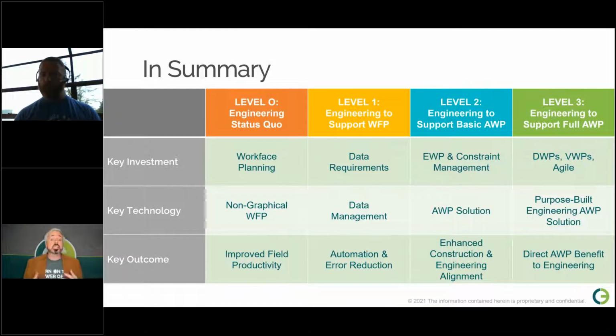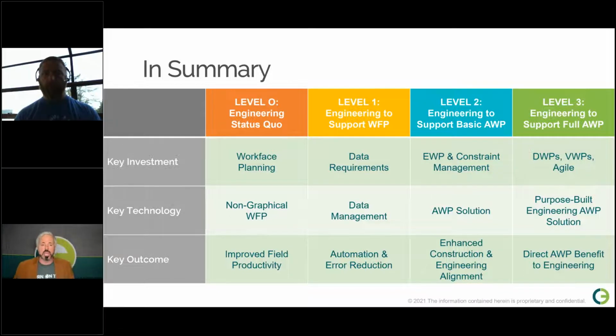But then you get to that level 3, that's that full top tier gold standard engineering maturity for AWP. And that's when you're bringing in the design work packages, the vendor work packages, the agile project management. And in order to support that, you really need a purpose-built engineering AWP solution. You can't do this with Excel or a work-based planning tool that wasn't actually built to support this. So not just an AWP solution, but one that understands the value of driving AWP value directly to engineering.